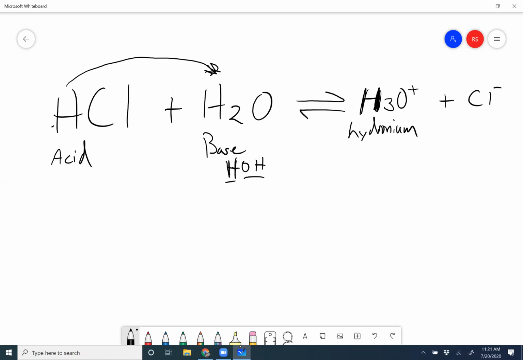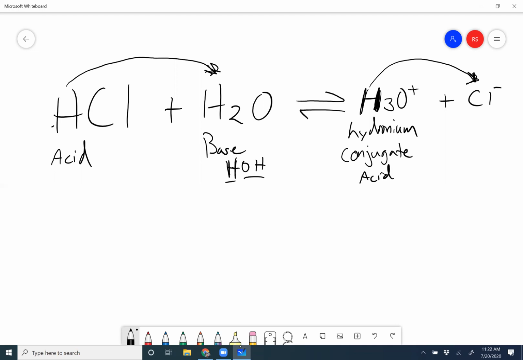Now, if we look at the reverse reaction, then this hydrogen will be given back to the chlorine. And so we call this our conjugate acid, because it's the reverse acid.